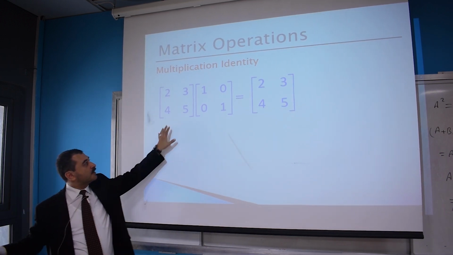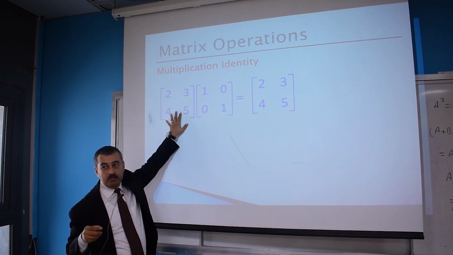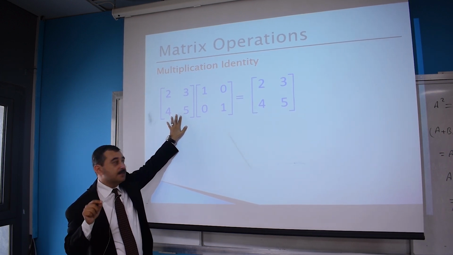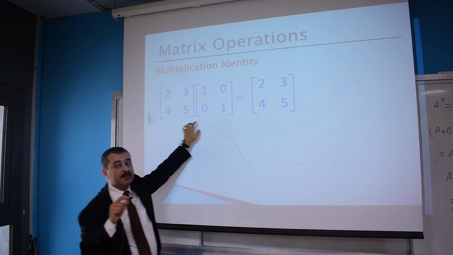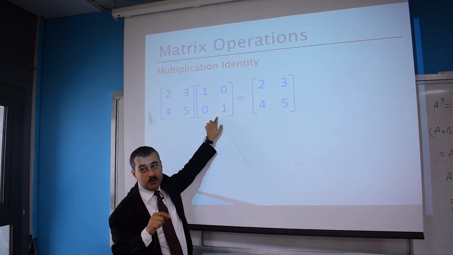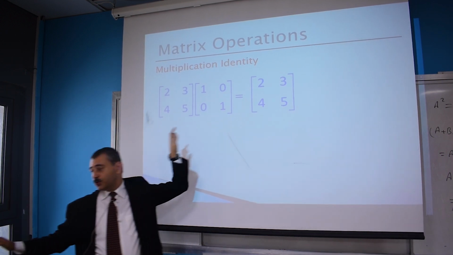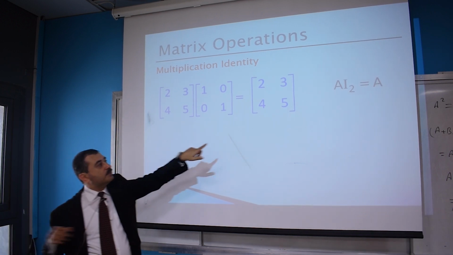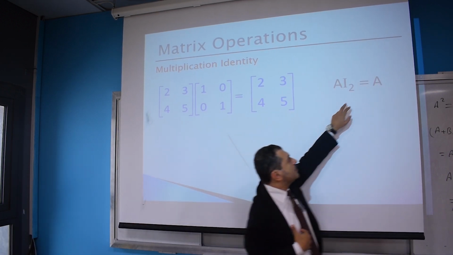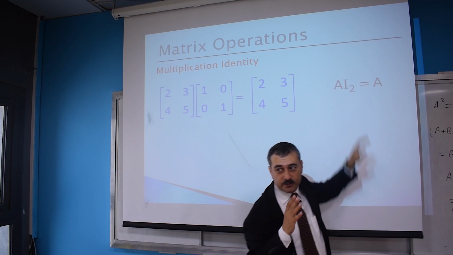So we write it, for example, matrix A multiplied by identity, denoted as I, and it is a square, 2 by 2. We usually write it as I2. It's known that it is a square, so you don't have to write 2 by 2.